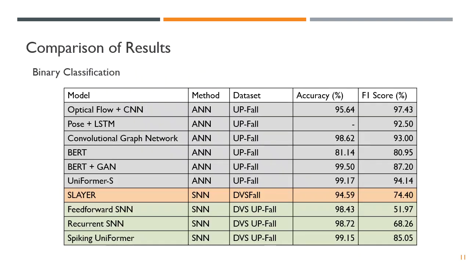When comparing the results of binary classification, these gray lines indicate ANN models which were trained on the UP-Fall dataset with the same data split. As we can see, the green lines, which represent the SNNs trained by us, perform better than the existing SNNs, but do not pass the state-of-the-art ANN models.